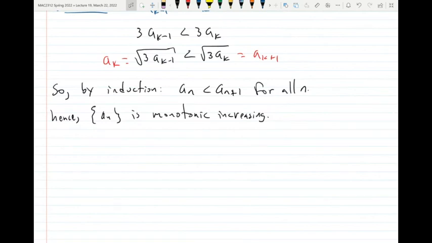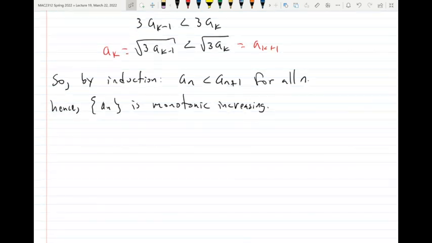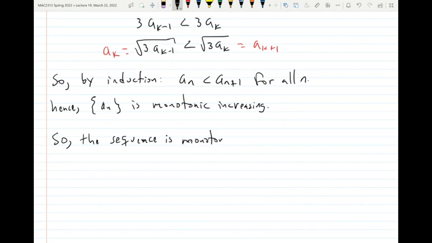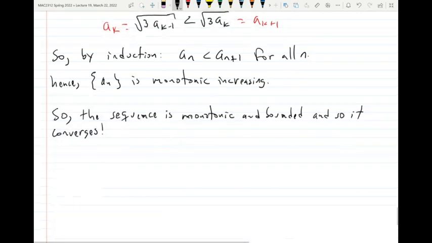And we showed last time that it has a limit, and that the limit is actually 3, right? We're doing the 3. So the sequence is monotonic and bounded, and so it converges. And now you know the story.